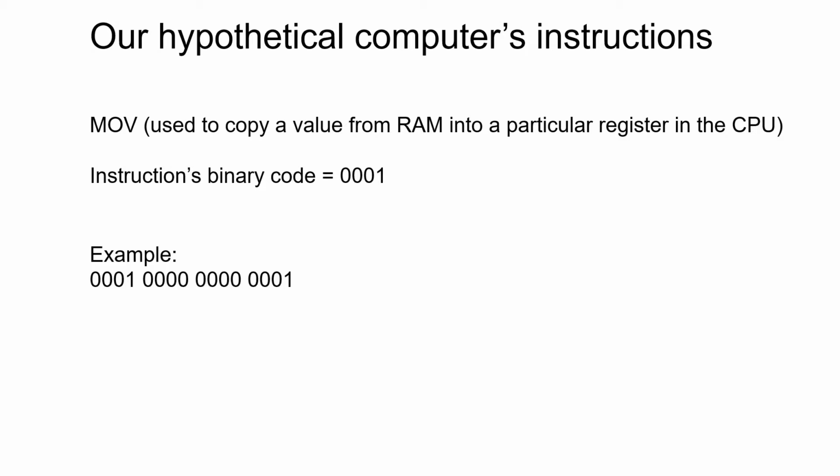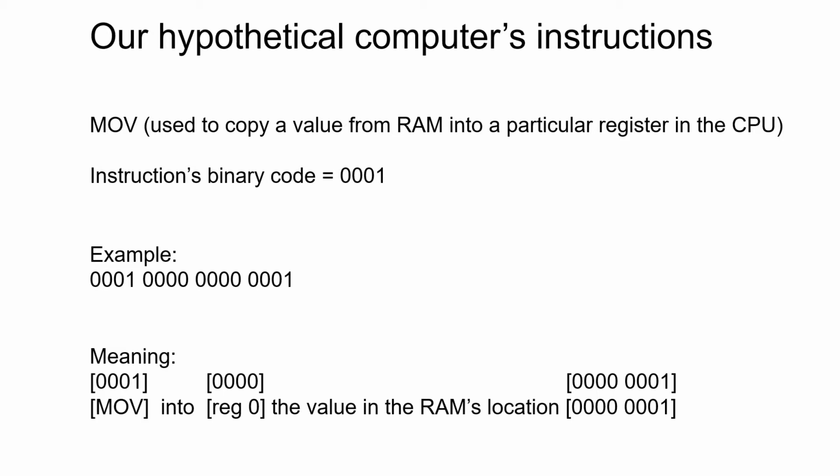An example of this instruction would look something like this: 0001 0000000001, which would mean move. So the first 4 bits, that's 0001, would be the actual instruction, which in this case is move.